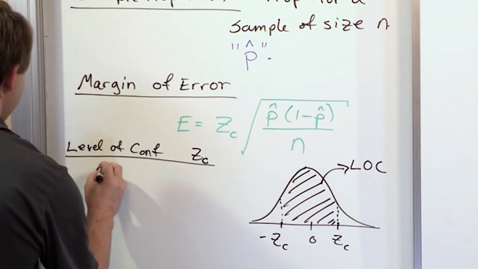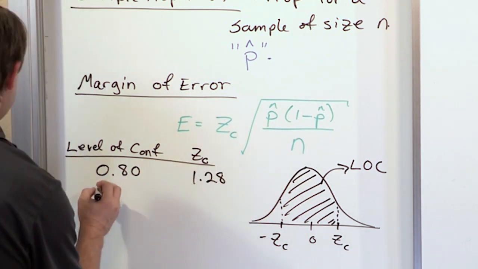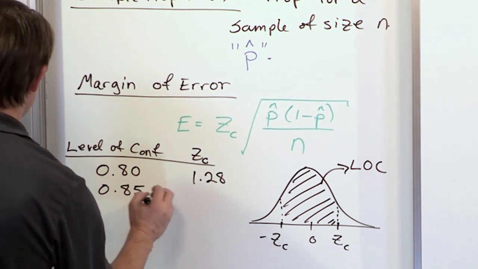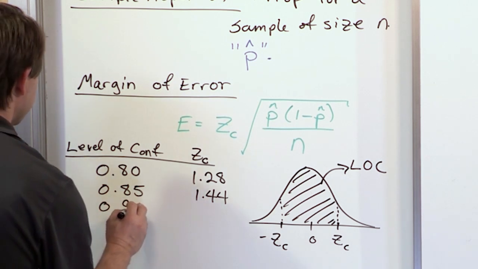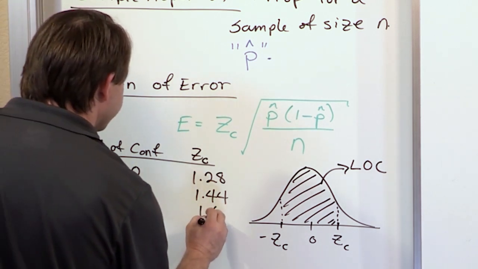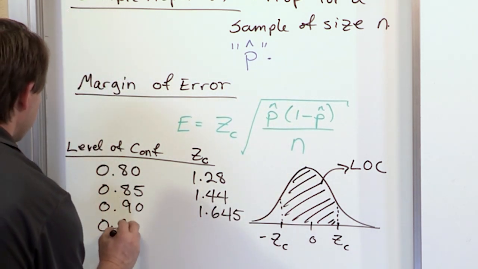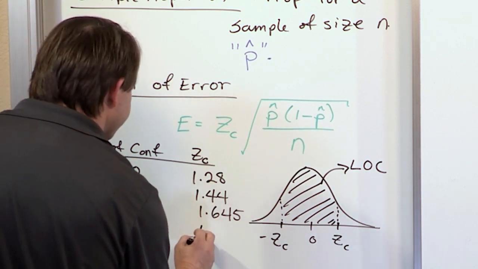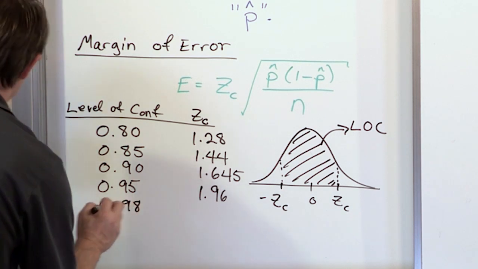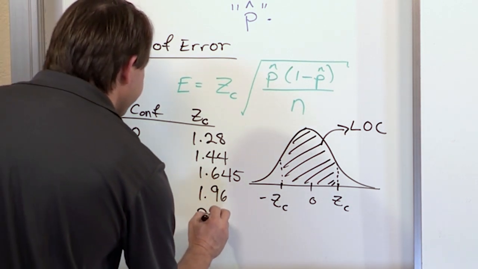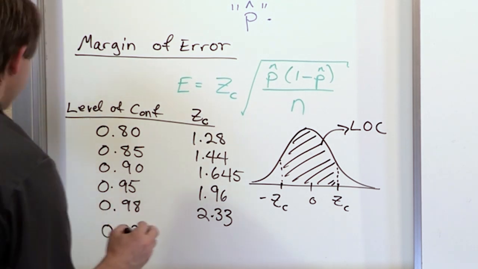I'm going to rewrite it here. 0.80, 1.28. 0.85, 1.44. 0.90, 1.645. 0.95, 1.96. 0.98, 2.33. 0.99, 2.575.